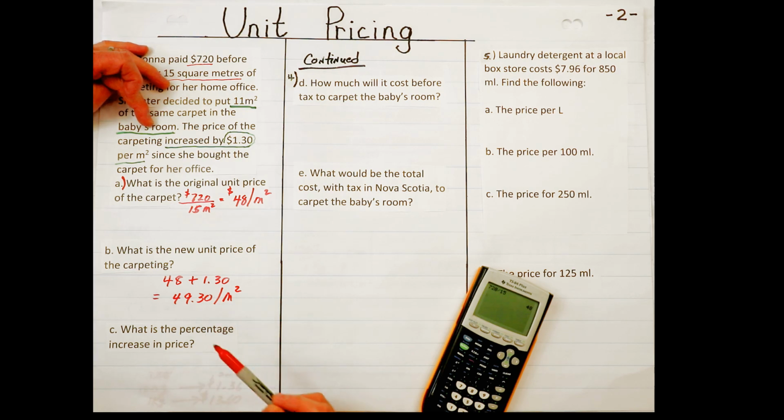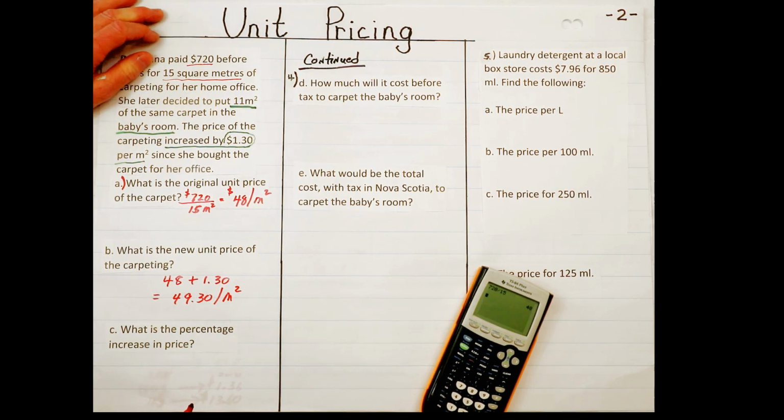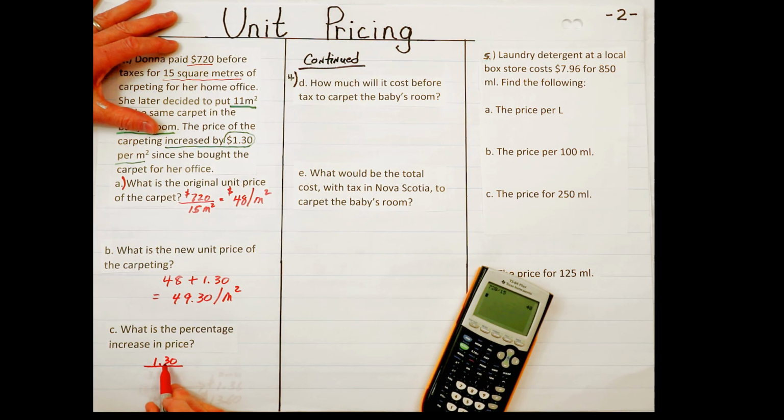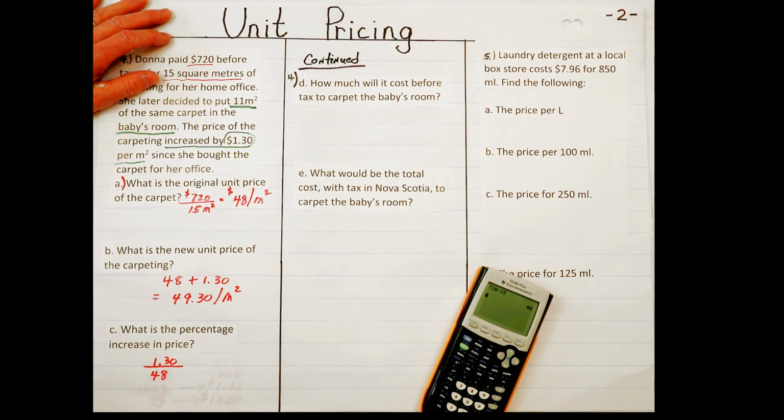Yep, baby's room. Now, what is the percentage increase in price? Well, we take the increase, which is $1.30. The percentage increase equals the increase divided by the original price. So the original price is 48.